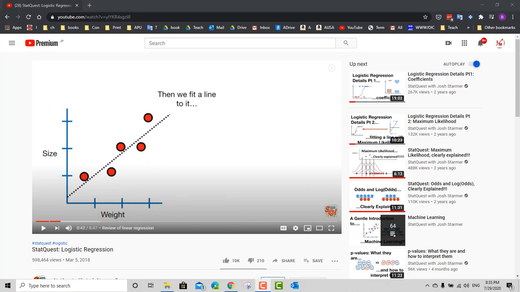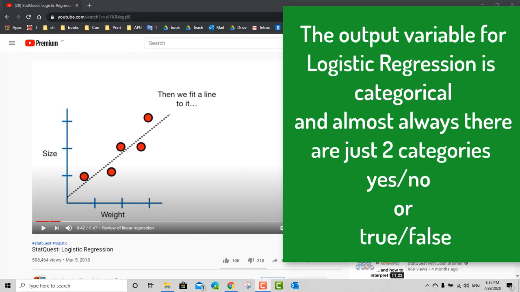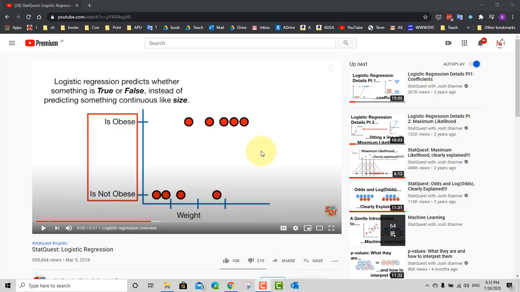But like I said, for a logistic regression, it's going to be a classification algorithm, and usually we're going to have a numeric input and predict a class in the output. So in this example, we're going to have weight, and these are going to be mice, and we believe that there's a relationship between weight and whether the mouse is obese or not.